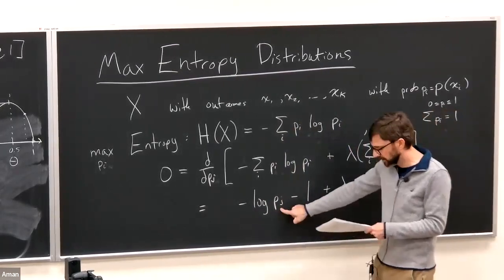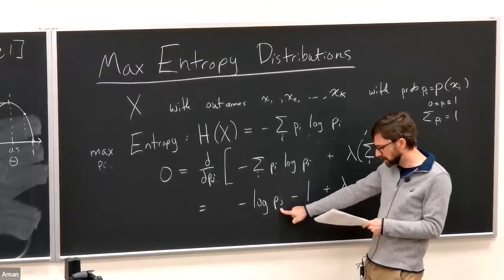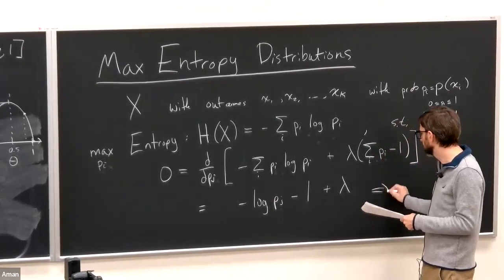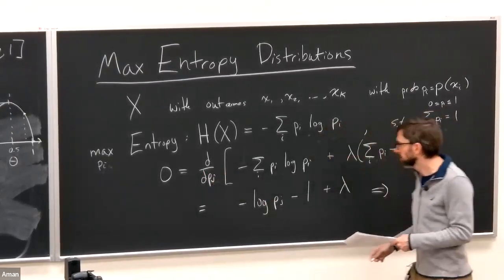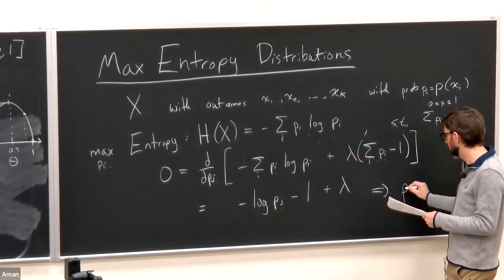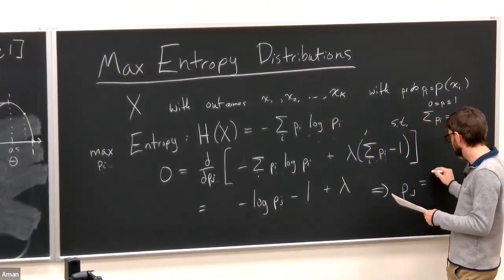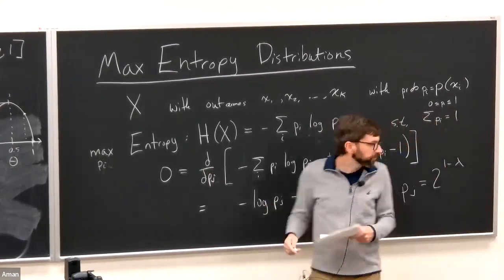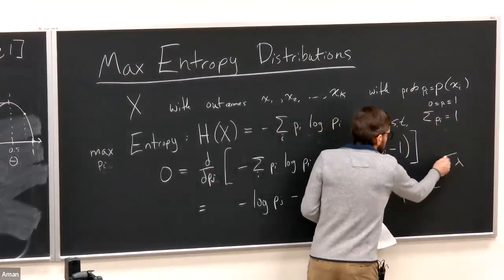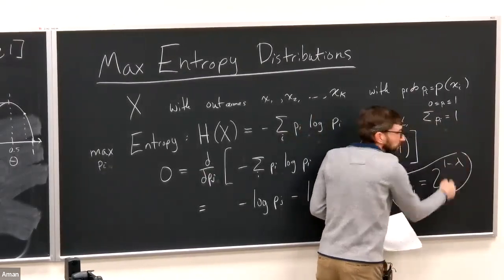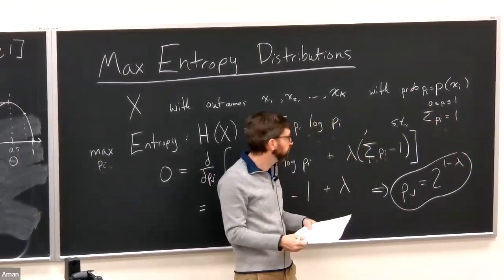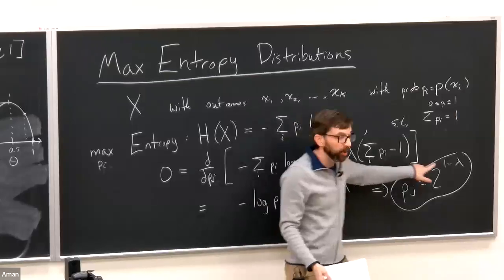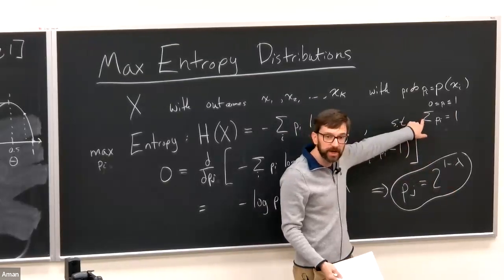Now if I solve this for pj, and again, let me say this is a natural log, this whole thing equal to 0, solving for pj gives pj equal to 2 to the 1 minus lambda. The main point here is that lambda, remember, is a Lagrange multiplier, so when you do Lagrange multipliers, you then have to figure out what lambda makes the final thing satisfy this constraint.